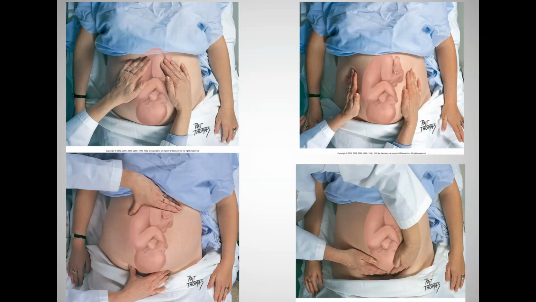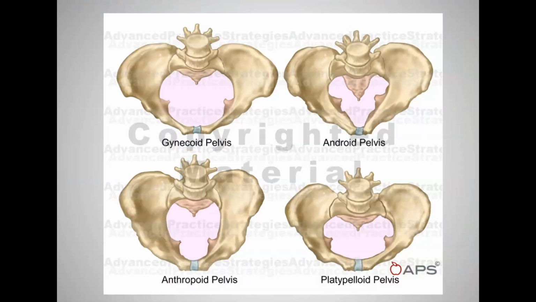So that's the different parts. Like I said, I'm not a big person as far as OB, but they do have the first maneuver, the second, the third, and the fourth maneuver. So they're checking on Leopold's.